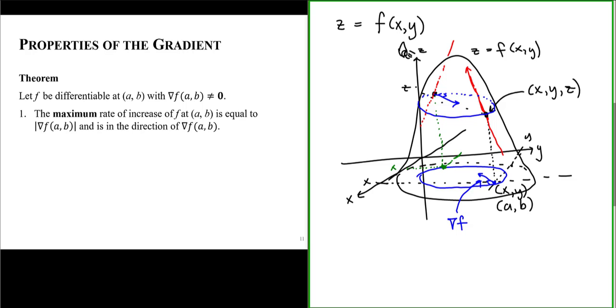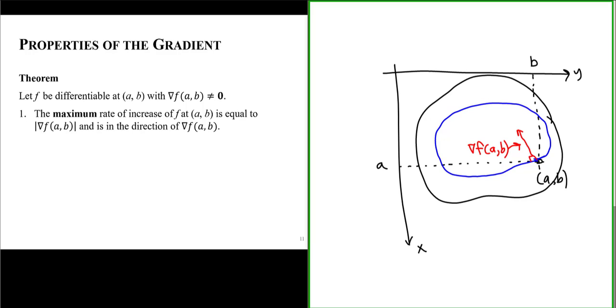Now, taking our vantage point, looking down again, the point we just illustrated was this point right here on our surface. And from that point, the gradient evaluated at that point would take us towards the center of our hill.